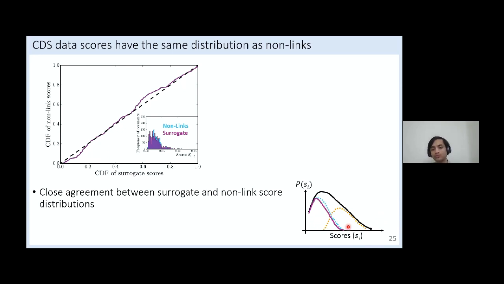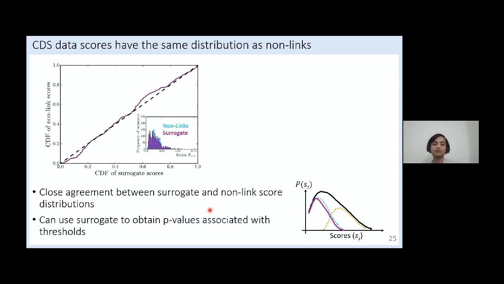And so now what I can do is if I'm actually given a particular score that I obtained for any candidate link, if I know what this distribution looks like, I can find the probability that that is not a link. And hence I can also try to ascertain what the probability of that is to actually be a link. And I can do all of this without having access to the truth and by only looking at the data essentially, right?